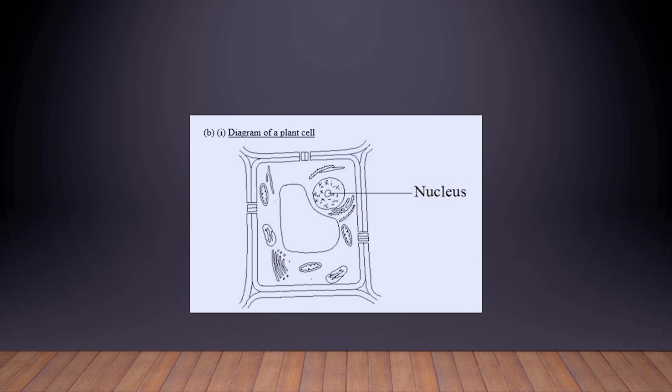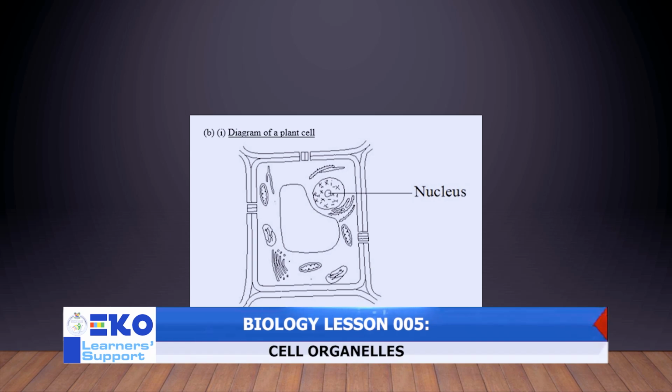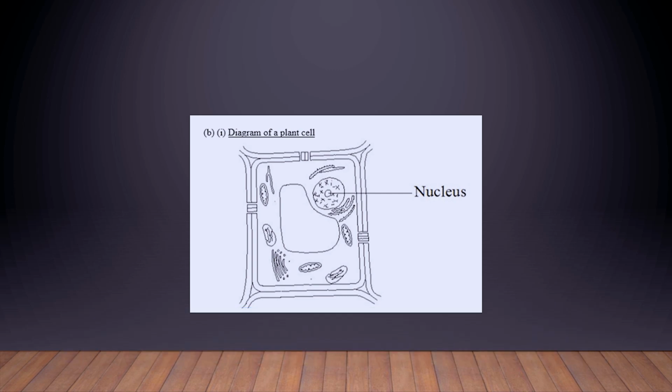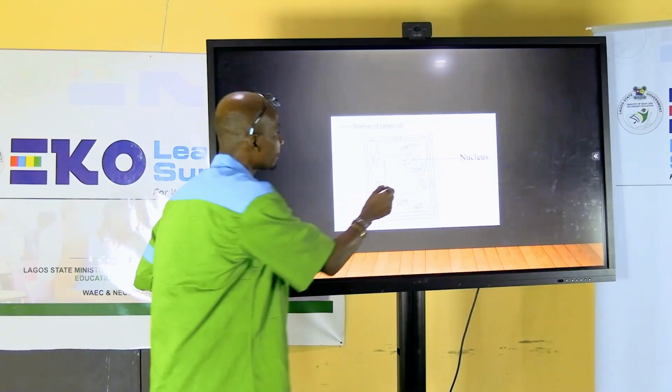If you have more than one labeling, everything must be done with your ruler on a straight line. Because we are asked to label only the parts involved in reproduction, we have only one label here. If you remember, earlier I showed you a picture of plant and animal cells where we have a lot of organelles labeled. But here, we are only labeling one part. And note, if you are asked to draw the plant cell and you draw the animal cell, you'll be marked wrong. So make sure you can identify which one is a plant cell from an animal cell.